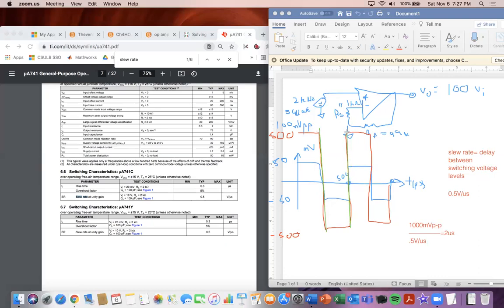Here, it's going to take 2 microseconds as well, and then 2 microseconds as well to go back up here. So that makes sense. Slew rate is just like the delay to change for this op amp. Okay, now that we covered what slew rate is, let's get to part D.